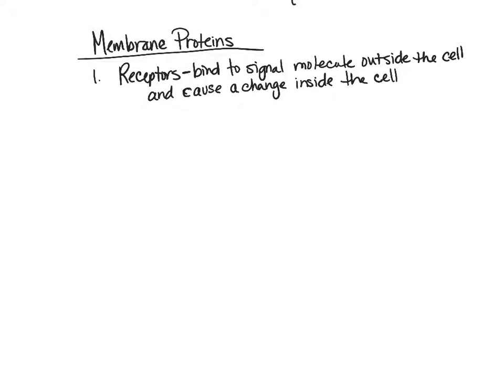So the way this would look would be if we have our plasma membrane. We have our phospholipids, of course, and then we have our protein that's embedded in the plasma membrane, and we'll say it looks something like this. We have our phospholipids that continue in our plasma membrane because the protein is embedded.